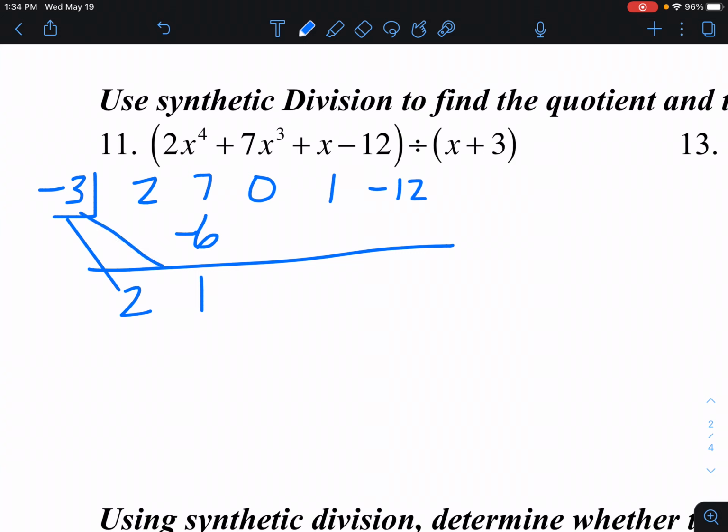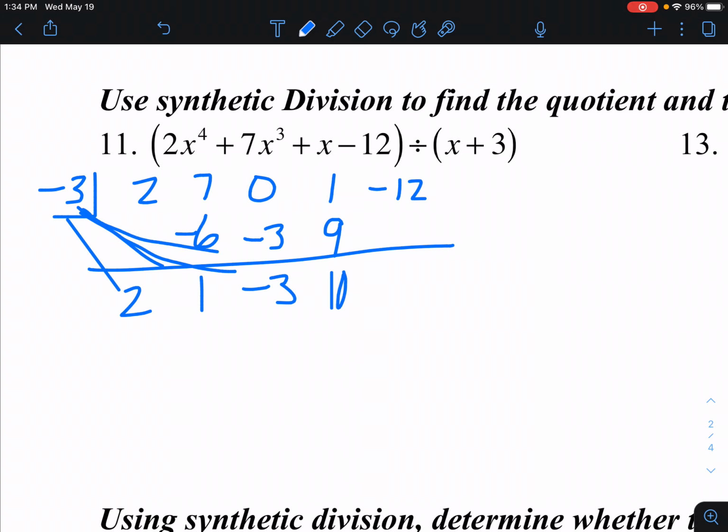Now -3 times 1 is -3. Line it up under the next number, then add: 0 plus -3 is -3. Now multiply again. -3 times -3 is 9. Line it up under the next number, then add down. 1 plus 9 gets 10.